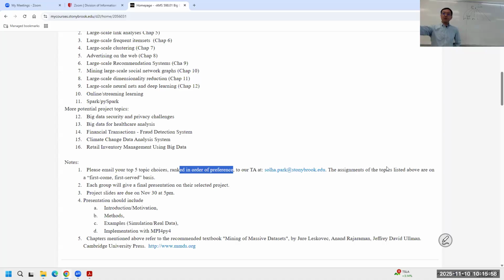That means whoever emails the TA first gets the topic. That's why you need to email your top 5 choices, because if your first choice is taken by others, we'll go to the second one, and then the next. You will receive a confirmation email from us telling you which topic is your selected topic.